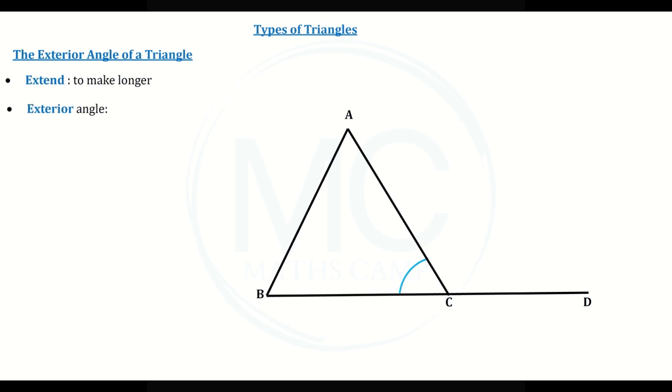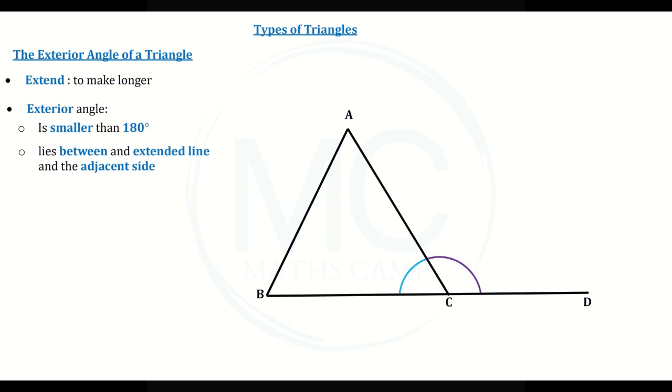The exterior angle is smaller than 180 degrees and lies between the extended line and the adjacent side of the triangle. Remember that adjacent means next to, so this is our exterior angle.